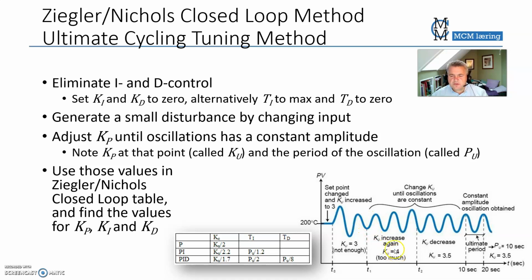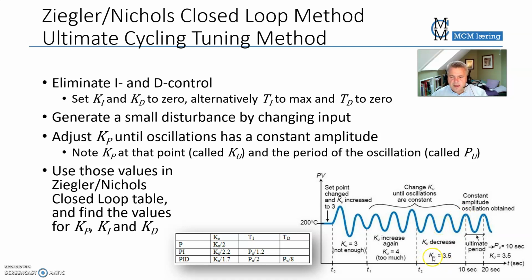Then it was increased to 4, and you see now the oscillations increase, which means too high. And then it was set to 3.5, and then you had stable oscillations, which means that you have found your ultimate Kp. It's not ultimate for all purposes, but it's the Kp that is giving those steady oscillations.